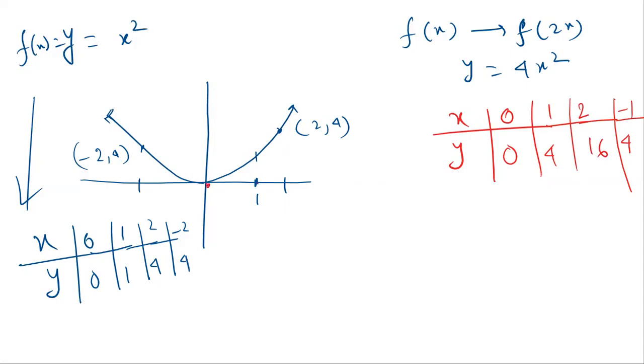For 1, this will become 4 somewhere here. For 2, this will become 16 somewhere here. So the graph will be curved like this, and this also like this. Like this the graph will be.